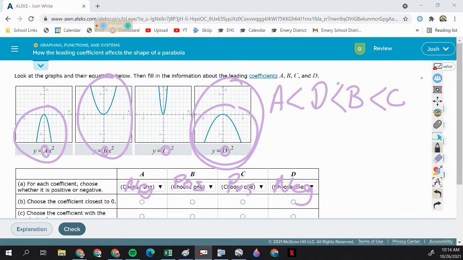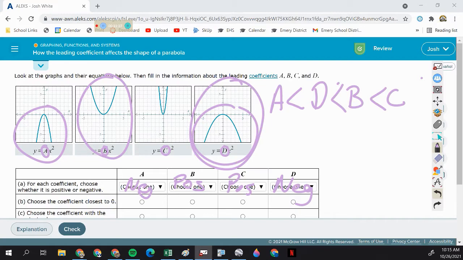Right? Why is D closer to 0 than B? It's shorter, right? So the shortest graph is going to be the one closest to 0. Which one's going to be the furthest from 0? The tallest graph, whether it's upside down or not.